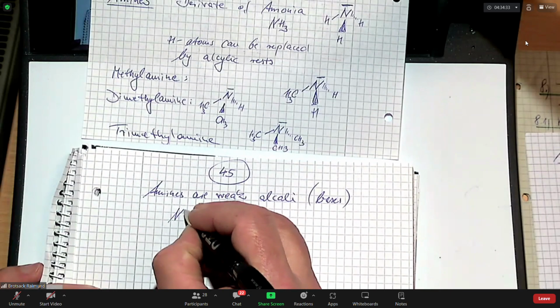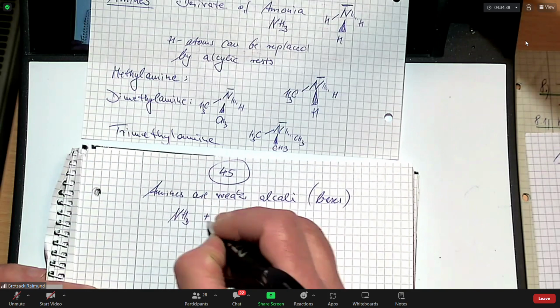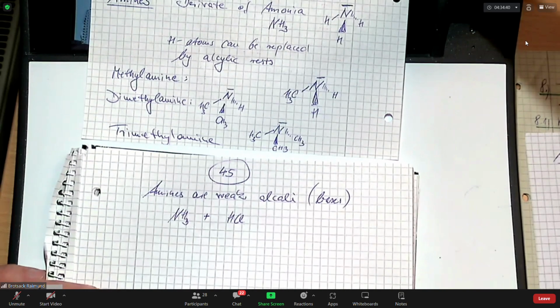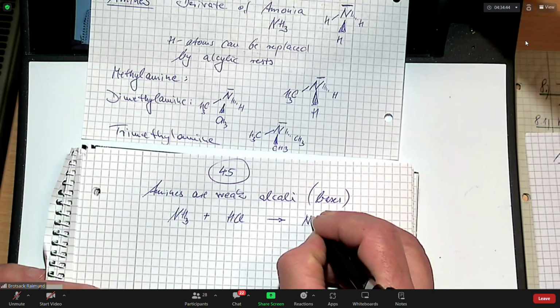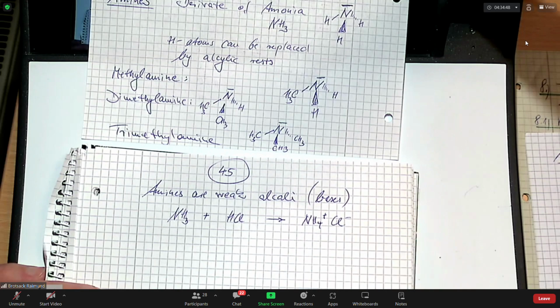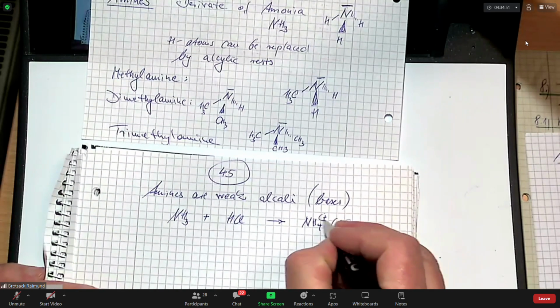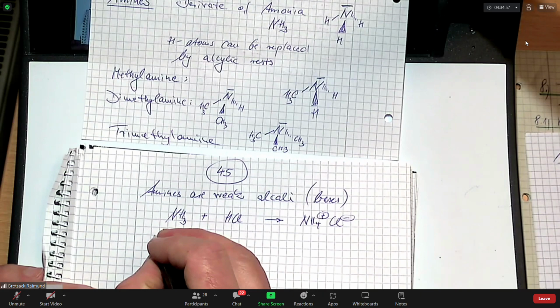So the ammonia itself, when you add an acid like hydrochloric acid, it forms ammonium chloride, NH4 plus Cl minus. A methylamine can do that as well.